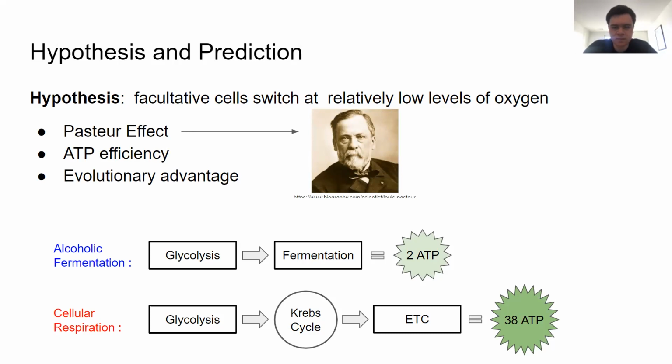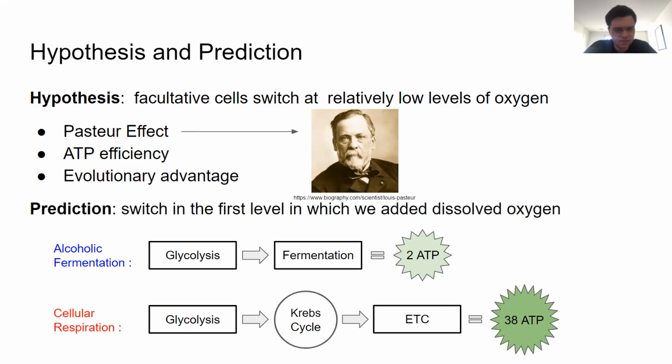Thus, switching to respiration, even at relatively low concentrations of oxygen, would provide a facultative organism an evolutionary advantage in respect to energy production, especially in conditions of controlled glucose. Based on this hypothesis, we predicted that the yeast would switch from fermentation to respiration in the first level in which we added dissolved oxygen.